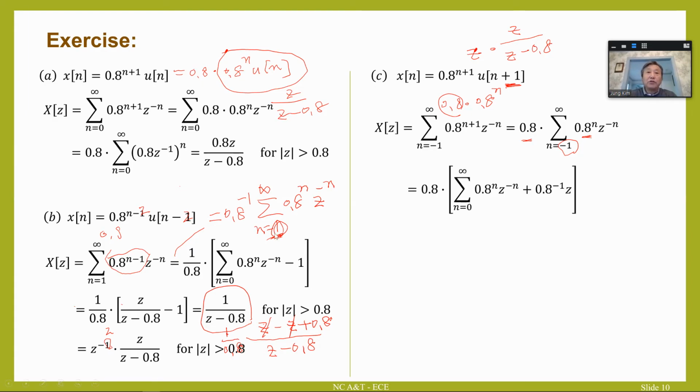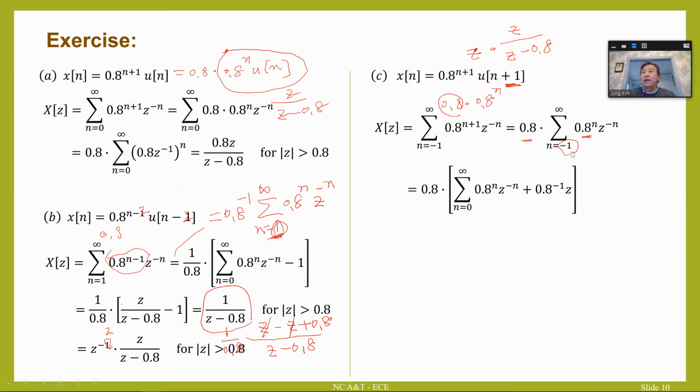Otherwise, you can use a different formula. You see this one is n equals 0, but we have to include the n equals minus 1 case. So 0.8 times g to the minus 1 to the 1, added up, because this case is just starting from 0. Originally this starts from minus 1.